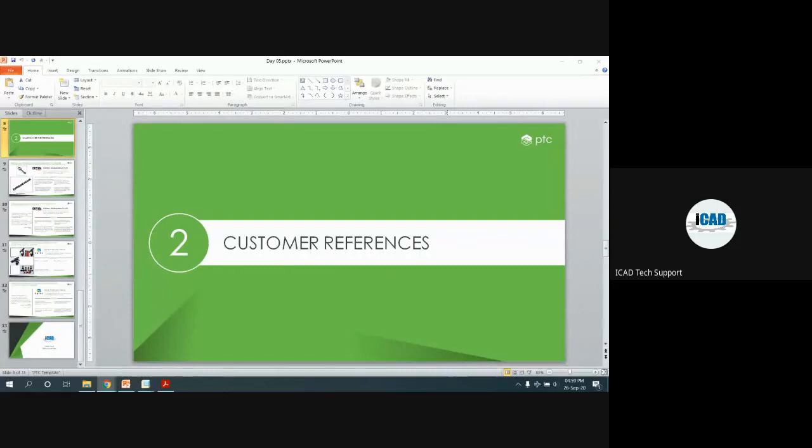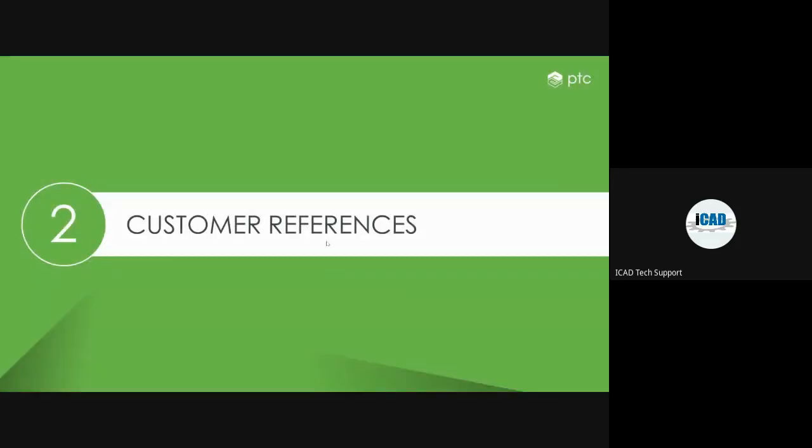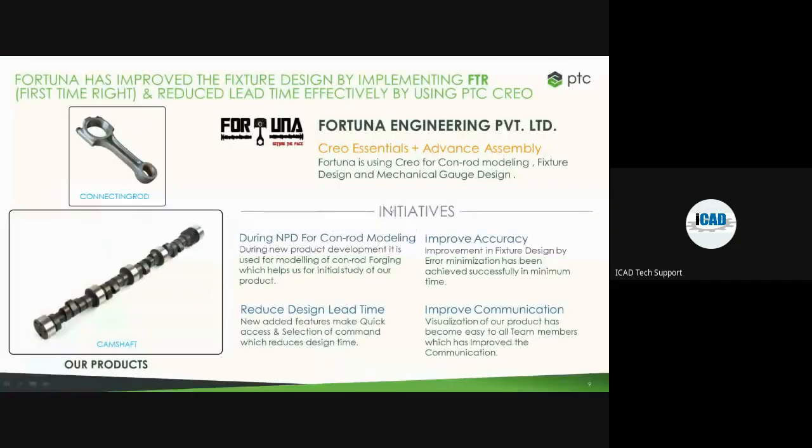We already have customers. We provided them the Creo software and collected some references from them about Creo and its usability. We have a customer, Fortune Engineering, in Ambad, Nashik.